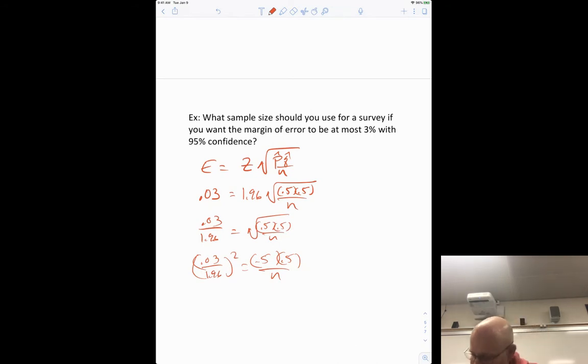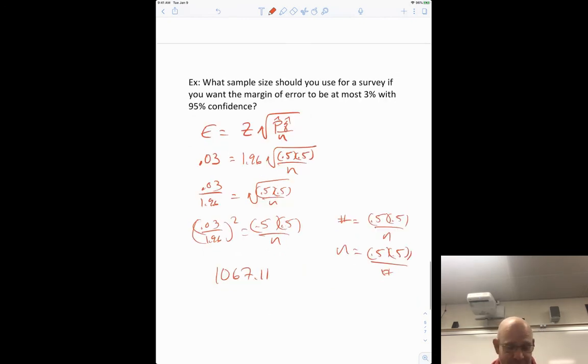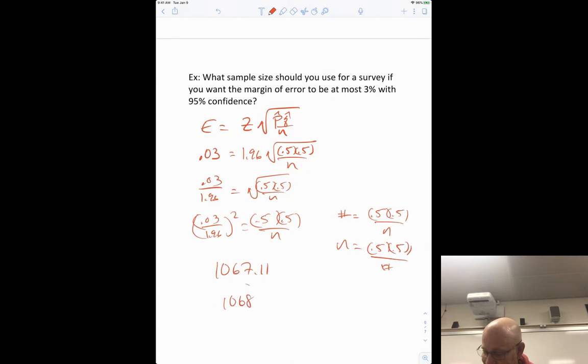That number is a really, really small number. So we have that number equals 0.5 times 0.5 over n, which means n is 0.5 times 0.5 divided by that number. So 0.25 divided by that number, and I get 1,067.11, which means I really need 1,068 to get within 3%.